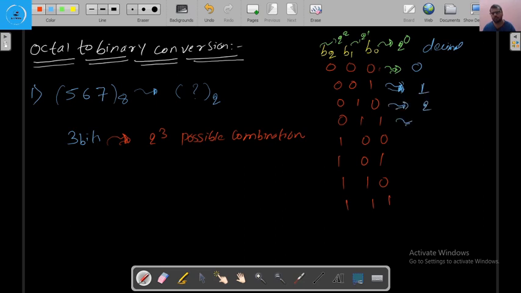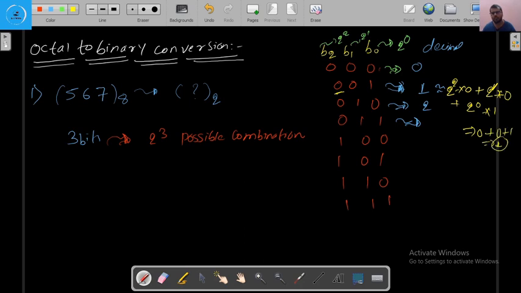Because 2 to the power 2 into 0, plus 2 to the power 1 into 0, plus 2 to the power 0 into 1, is 0 plus 0 plus 1, hence it is 1.